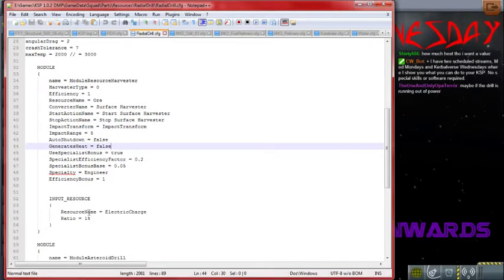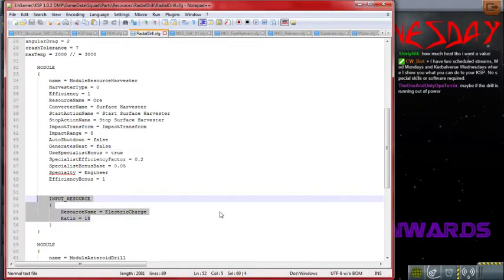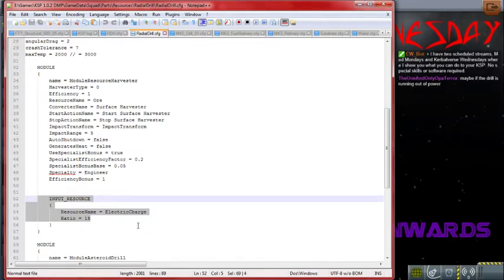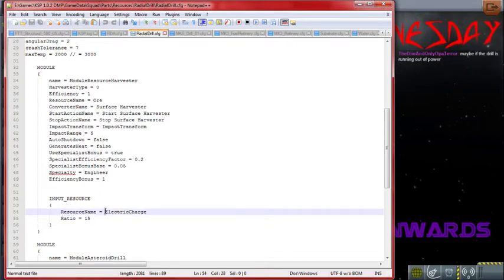But what we do know is the input resource, the one that makes it go, that's the config value, and you don't have to use that resource to make it go. So, as I mentioned, if you're running an advanced generator that might produce, say, thermal power, then you could always use the thermal power to drive your drills.